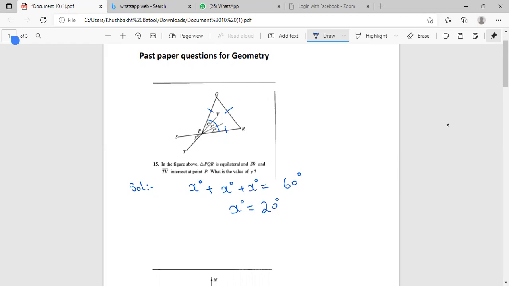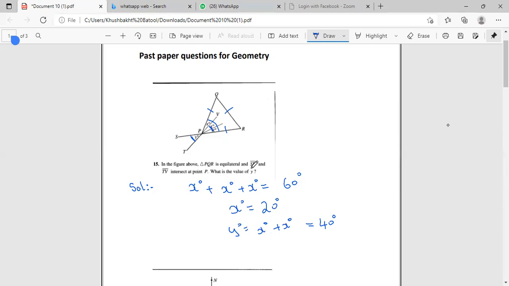Now we know that this y is basically this y and this angle. These are vertical angles. So y is equal to x plus x. This would be 40 degrees, right? So we are clear with this.